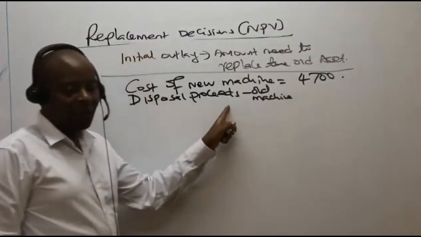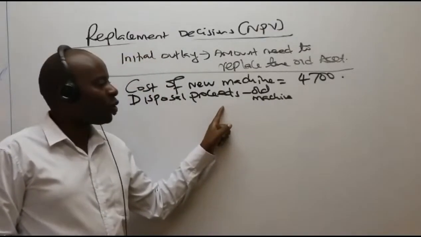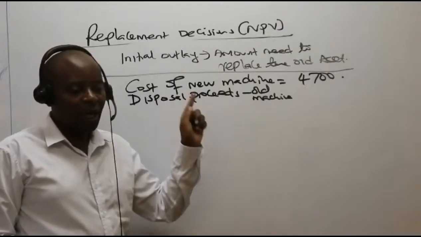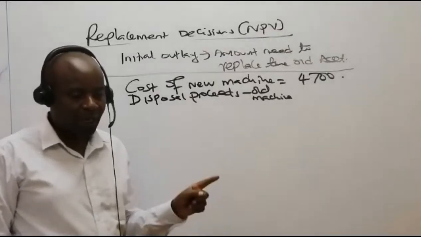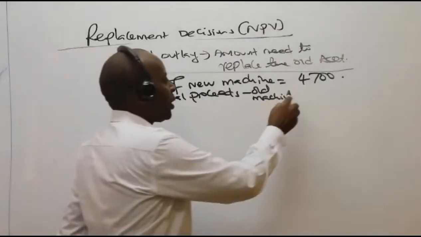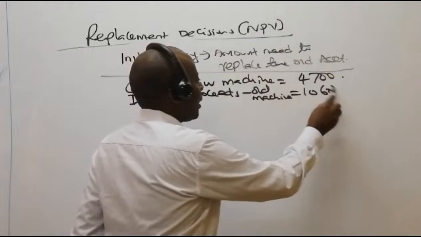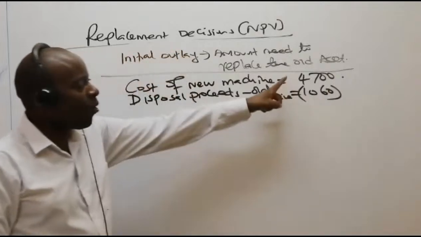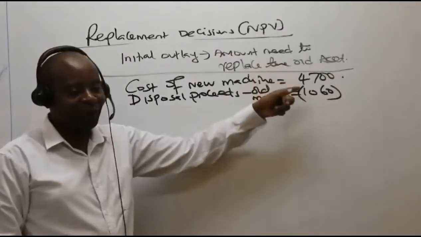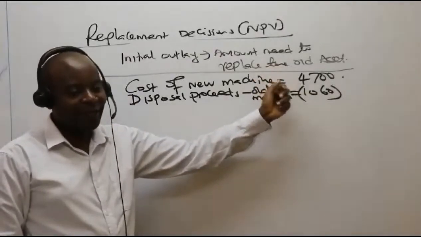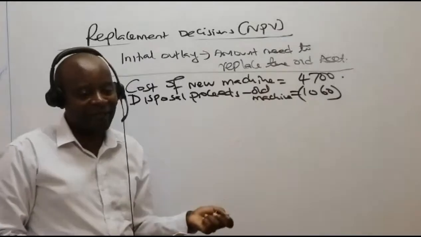This will make my life a little bit easier. Disposal proceeds of the old machine, how much? 1060. Of course, they have to go in opposite directions. The moment you take the cost to be positive, then the disposal proceeds revenue has to be negative.